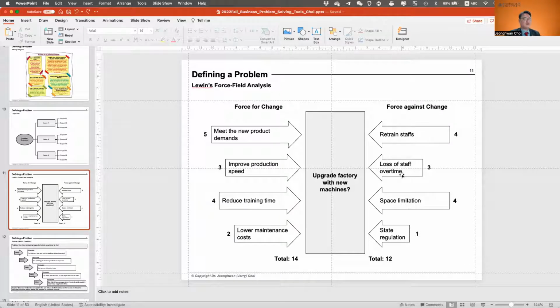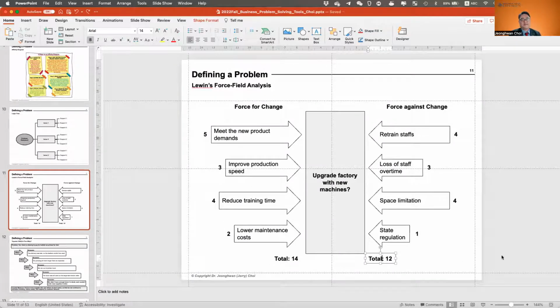Write down all the forces that push you to go forward and write down all the forces that push you back. Go or no go, write it down, and then give them a force factor, 1 to 5. Then add up.